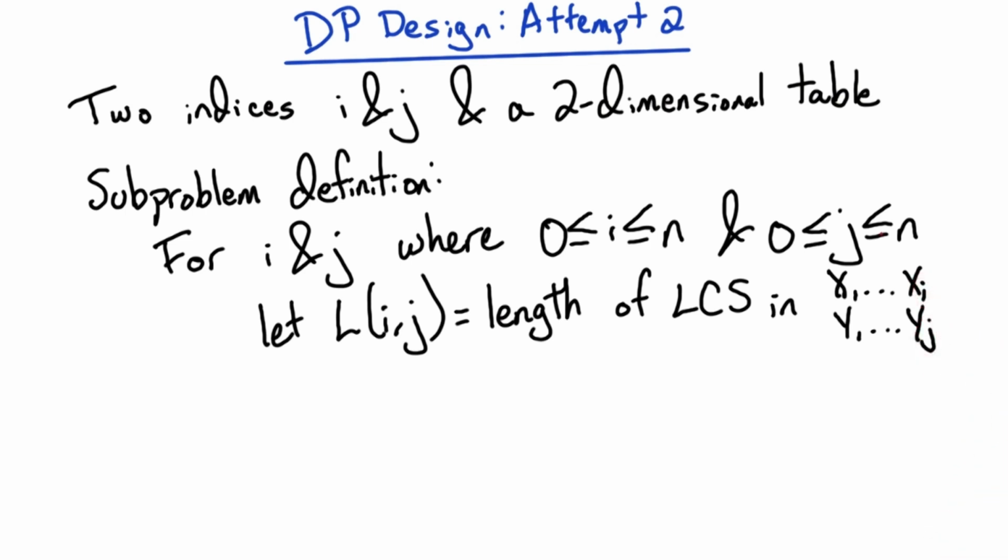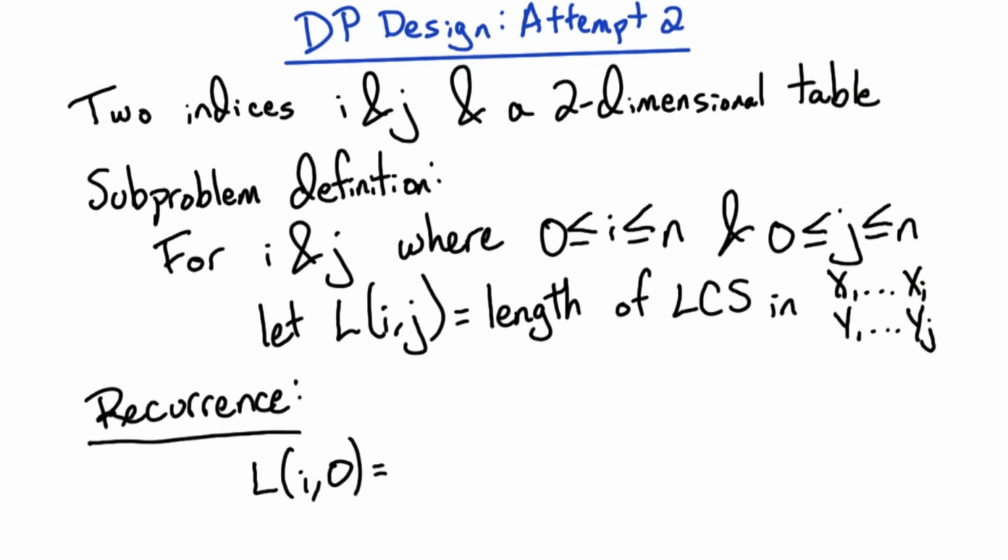Now let's go ahead and see if we can define a recurrence for this new subproblem definition. Let's start off with the base cases. The base cases are going to be when i is 0 or j is 0. Let's start by considering the case when j is 0. So what is L of i,0? And what is L of 0,j for the case when i is 0? Well, for L of i,0, here j is 0.